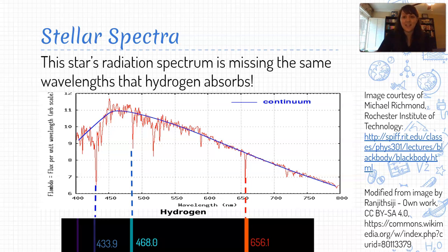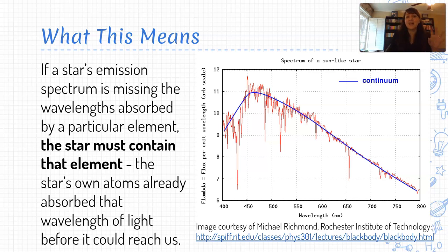So what that tells us then is that this star must contain hydrogen. That probably the star is actually producing all of those wavelengths. But what happens is when it's producing that light, the hydrogen atoms in the outer layers of this star use up that energy to move their electrons before that light is able to reach us here on Earth.